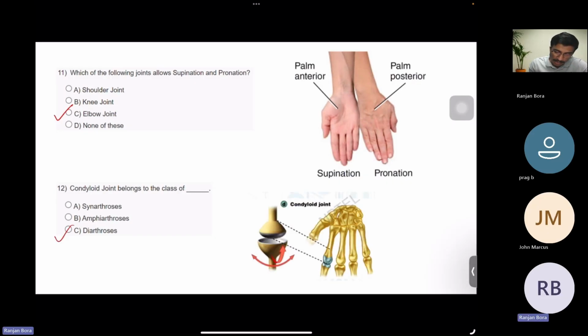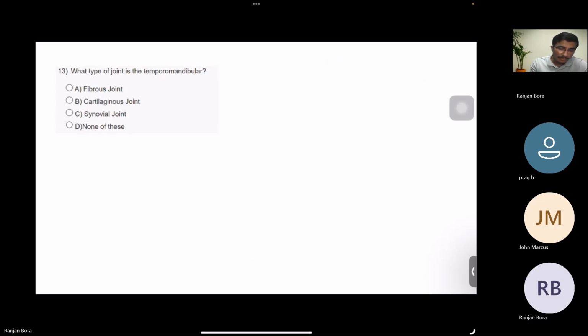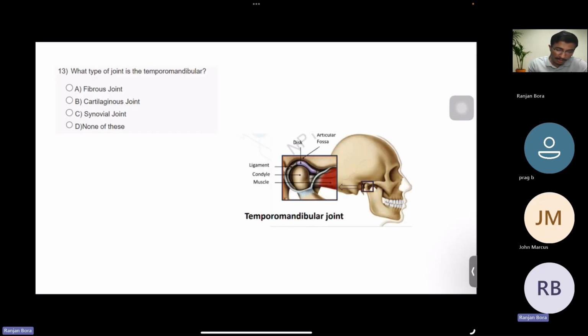So you can see this is the condyloid joint, and it is present in our fingers here. And what type of joint is the temporomandibular? Yes, it is a synovial joint. You can see this is the temporomandibular joint.